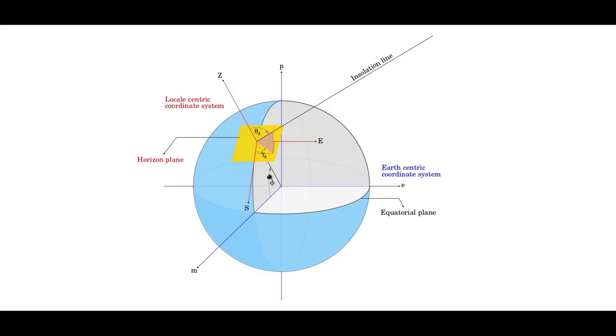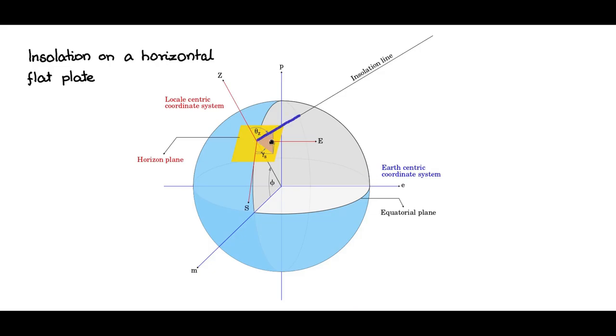This is the latitude angle phi, this is the azimuth angle, and this is the zenith angle. And this line joining the locality to the center of the sun is the insolation line. Let us now find the insolation on a horizontal flat plate located at the chosen locality here.